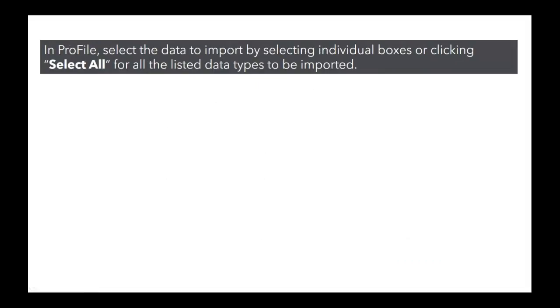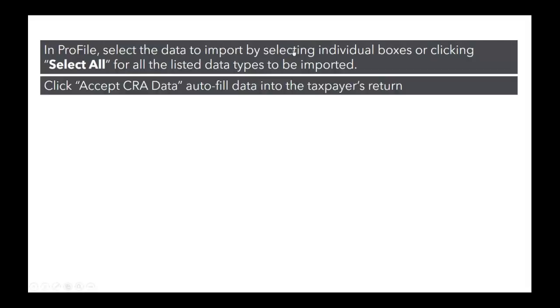Just as a next step in ProFile, make sure you select the data to import by selecting the individual boxes or clicking Select All for all the listed data types to be imported. And then once you do that, click Accept CRA Data. This will autofill data into the taxpayer's return.